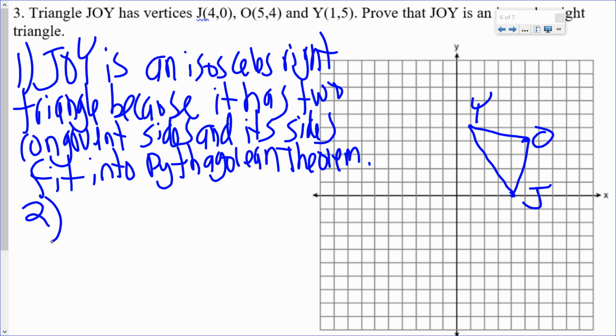So now, step 2, I'm going to have to calculate the three distances: the distance of YO, the distance of OJ, and the distance of JY.